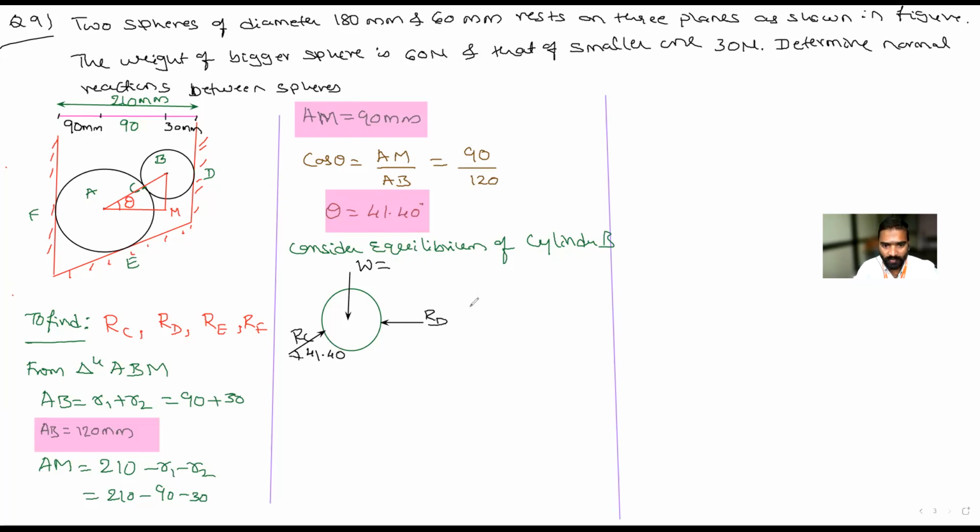Next, I will rewrite this one: the weight is acting downward, RD is acting in the horizontal direction, and RC is acting in the first quadrant.